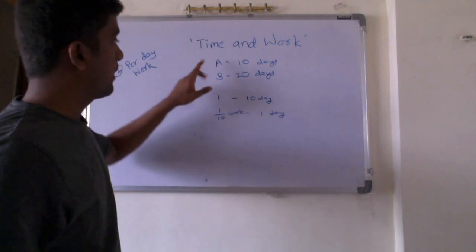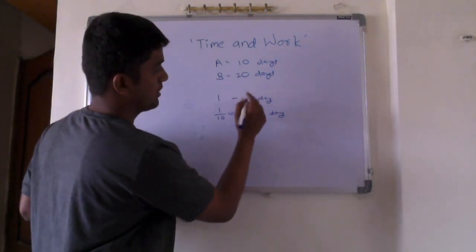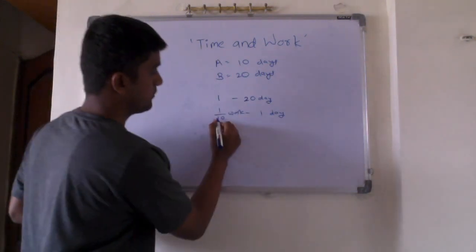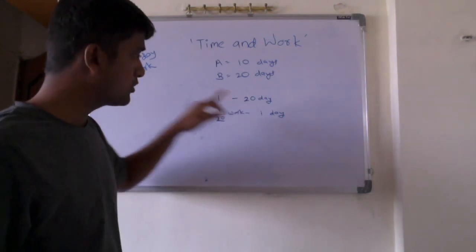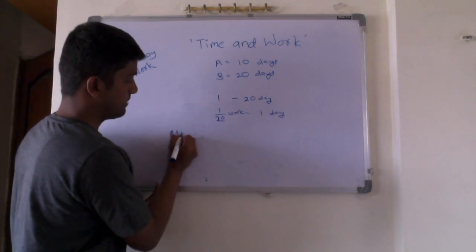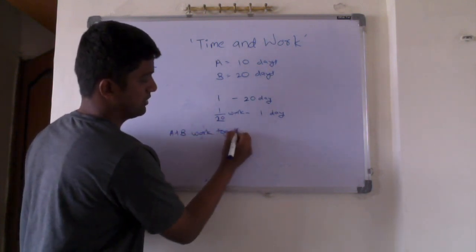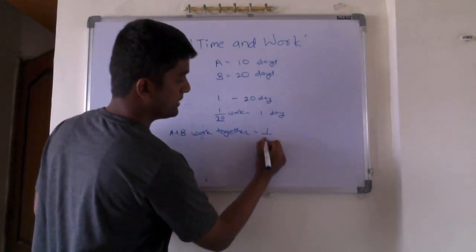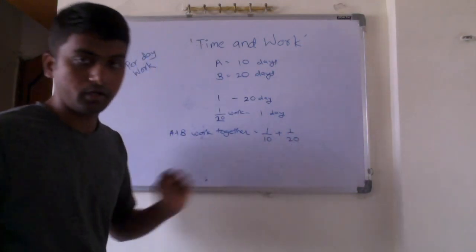Similarly, B can complete the same work in 20 days. Divide both sides by 20. So in one day, B would be able to complete 1 by 20 work. If A and B work together, in one day they'll be able to complete 1 by 10 plus 1 by 20 amount of work.